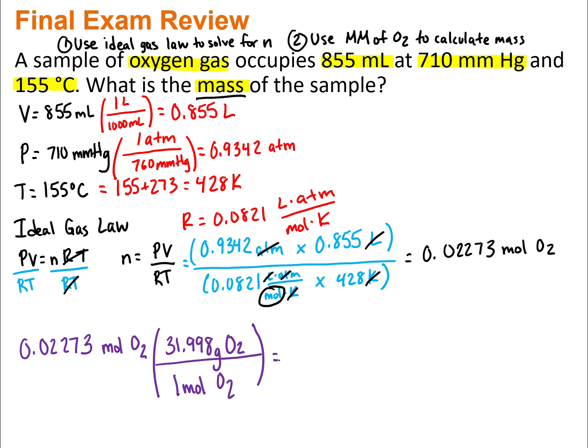Again, remember that oxygen gas is O2, which means that the molar mass is going to be whatever it says on the periodic table for oxygen times 2.